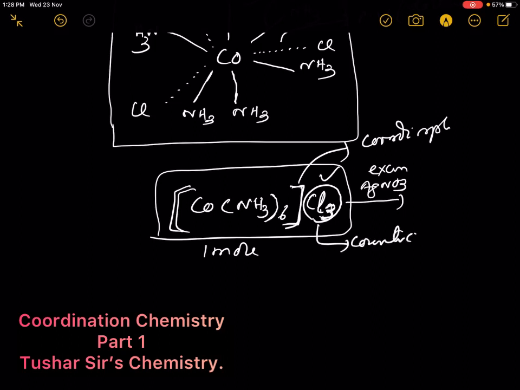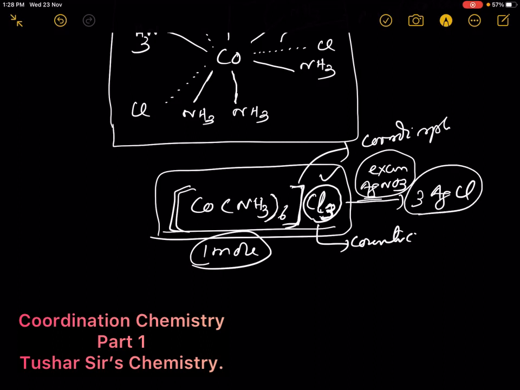These three counter ions will react with silver nitrate to produce AgCl. As you have taken 1 mole of this complex compound with excess silver nitrate, you will get 3 moles of AgCl. Means all these counter ions present outside the coordination sphere get precipitated as AgCl.